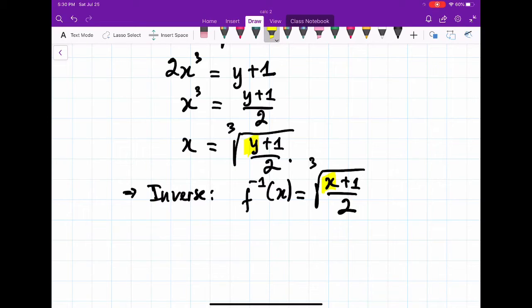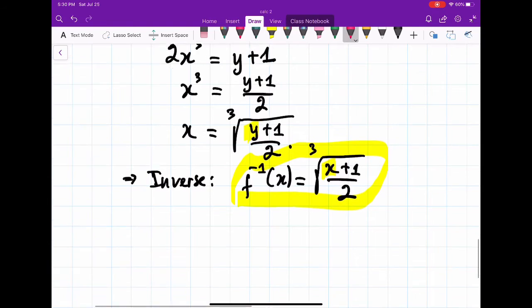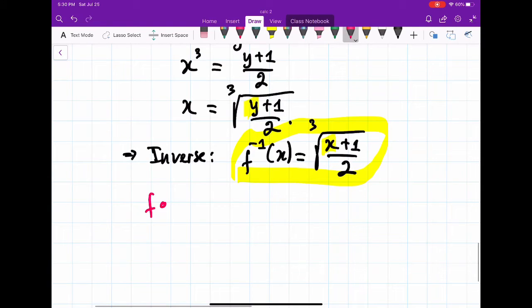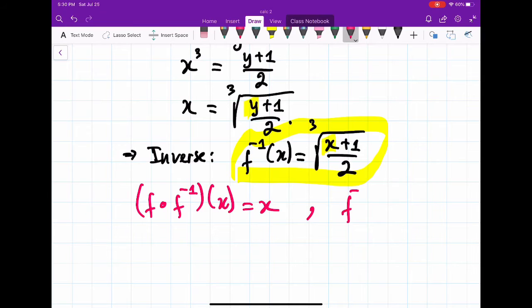Okay. Do we need to check that? If we say that this function is the inverse of the previous one, we need to check the following conditions: f composed with f to negative 1 at x equals x, and f to negative 1 composed with f at x is also equal to x, right?